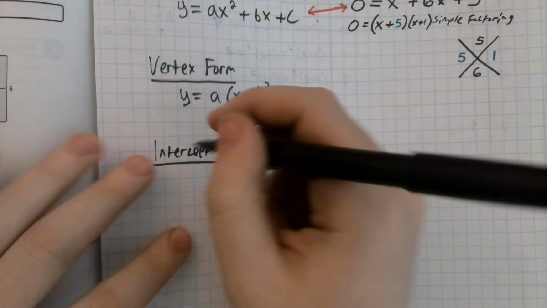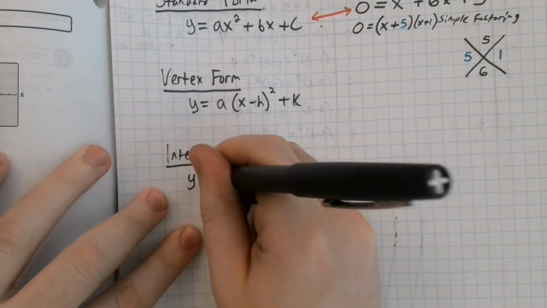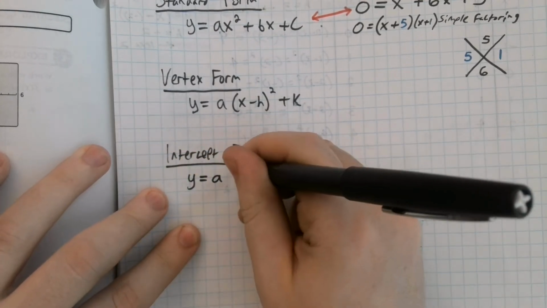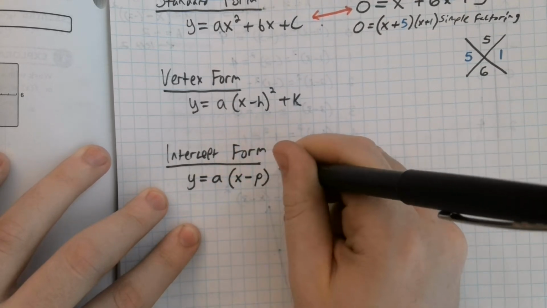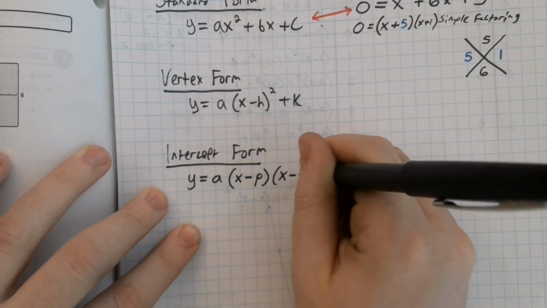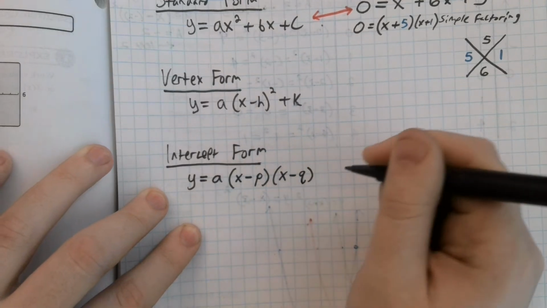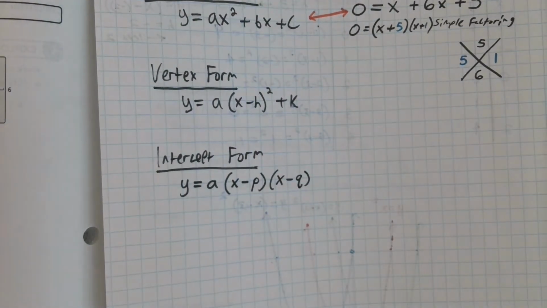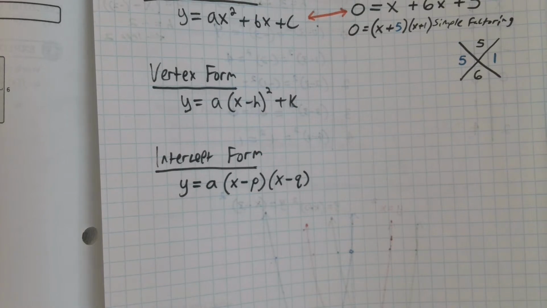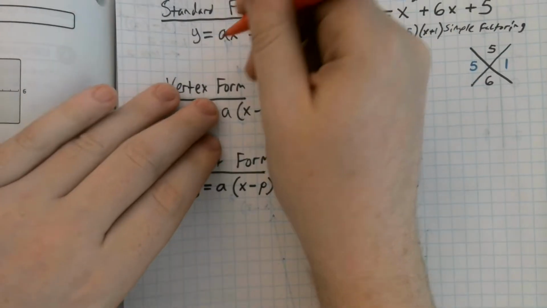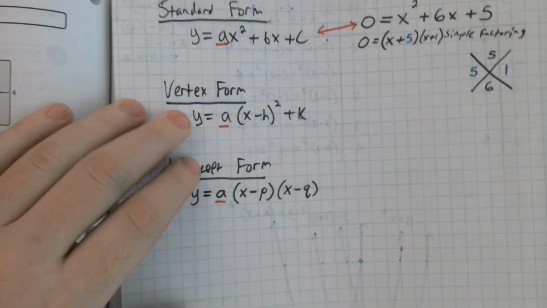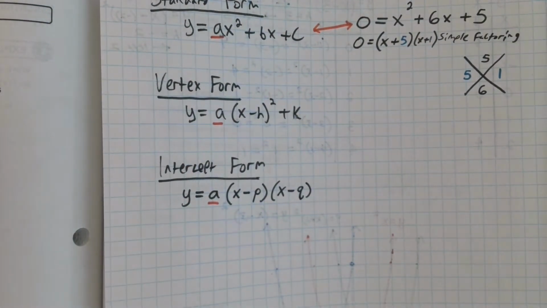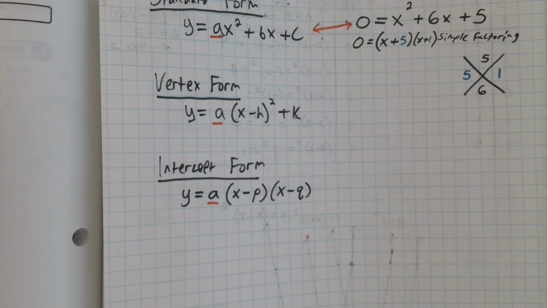Intercept form is as follows. Y equals our a value, once again, times x minus p times x minus q. Notice how much it matches up with the others. All 3 of these forms have our a value controlling our stretch, shrink, and flip. The difference here is pretty huge, though.